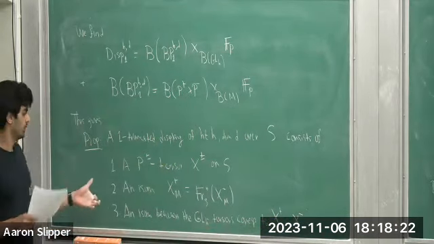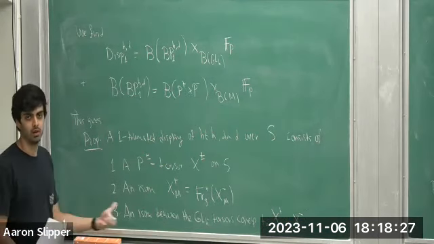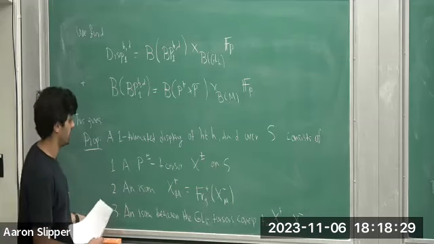So this is what unwinding the quotient stack description tells you is the data of a one-truncated display.